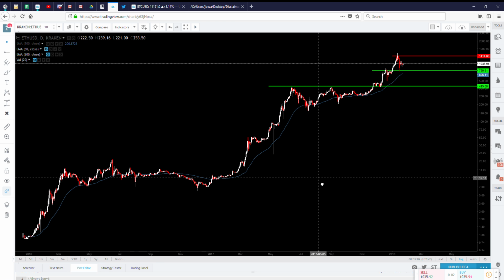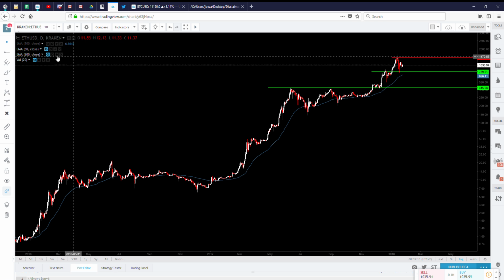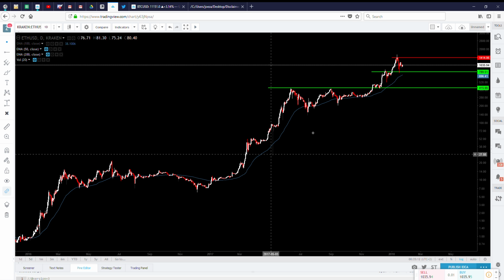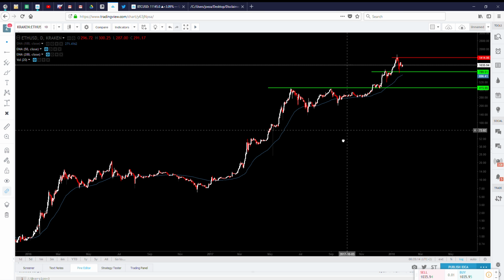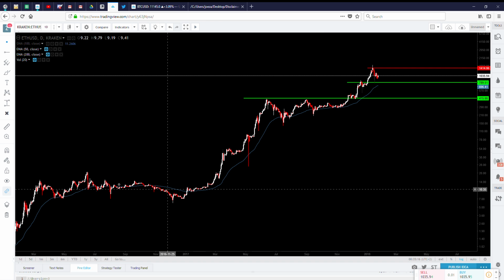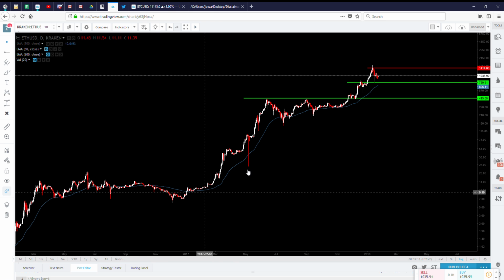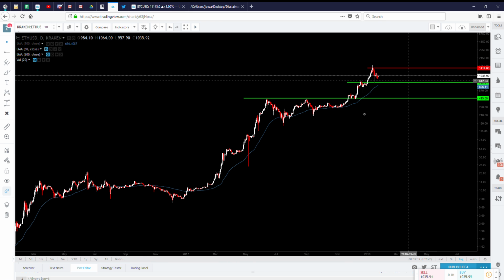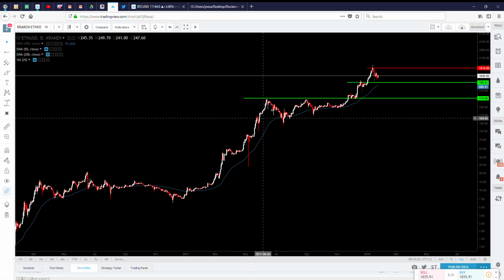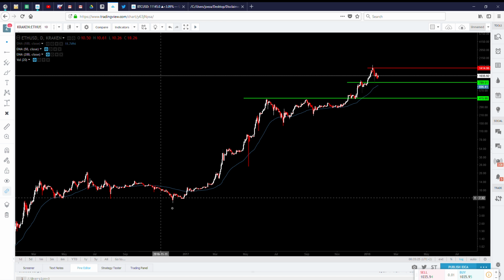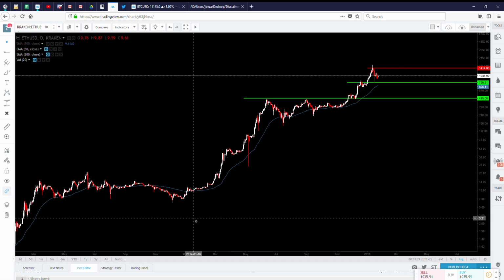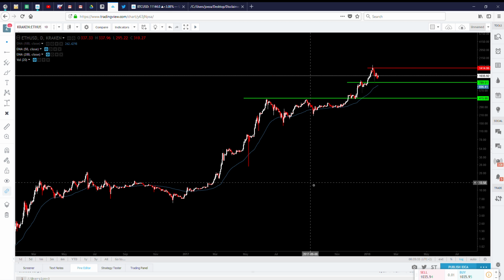My favorite is the 100, and I'll take you guys through the 50 and the 200, but my favorite is the 100, purely because it doesn't matter on what time chart you open it, the same rule applies. If price is above it, we're bullish. If price is below it, we're bearish. That's pretty much straightforward, and you can see it on any time chart or time frame that you're using.